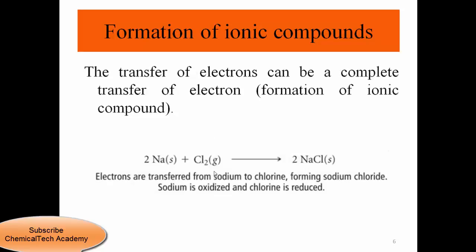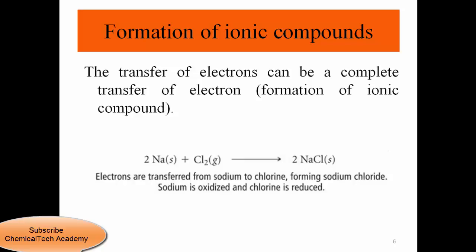So this transfer of one electron or more than one electron, sometimes it happens completely, sometimes it happens partially. So when we have the complete transfer of electron, our product is going to be an ionic compound.